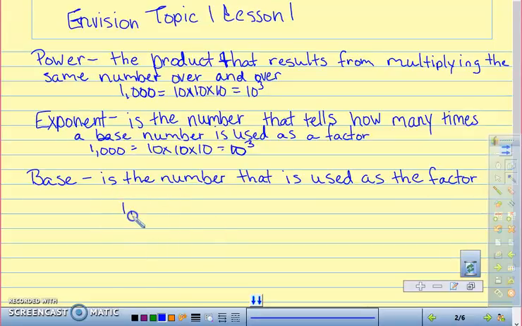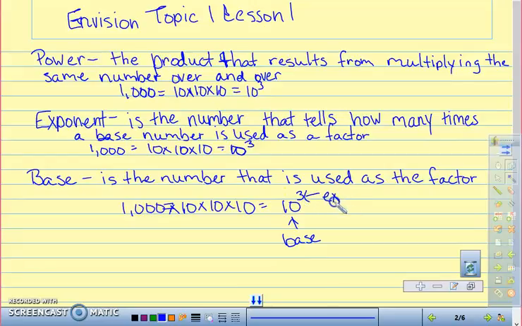I have 1,000 equals 10 times 10 times 10 equals 10 to the third power. This is the base. That is the number that tells us what we are multiplying by. So 10 is the base. And the exponent is how many times we multiplied it. So I hope that that is somewhat clear to you.